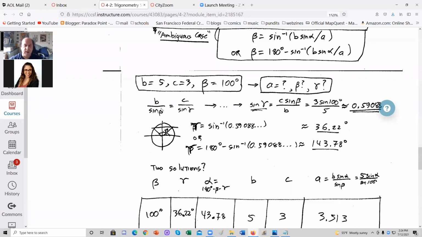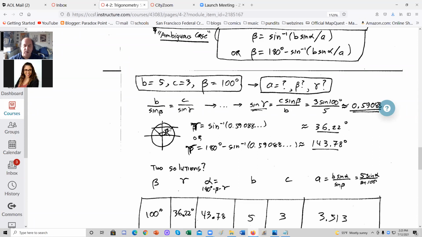If you flip these upside down and transpose a C, you get that sine of gamma equals C sine beta over B. Plug that in: 3 sine 100 degrees over 5, which is 0.59088. That's less than 1. There are two solutions. Sine gamma equals 0.59088.